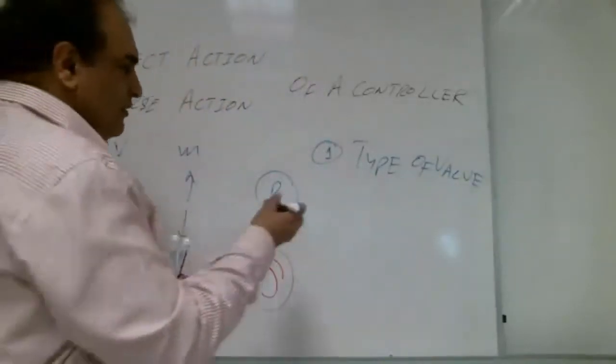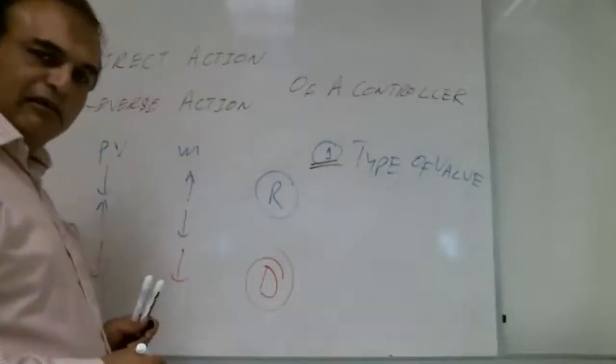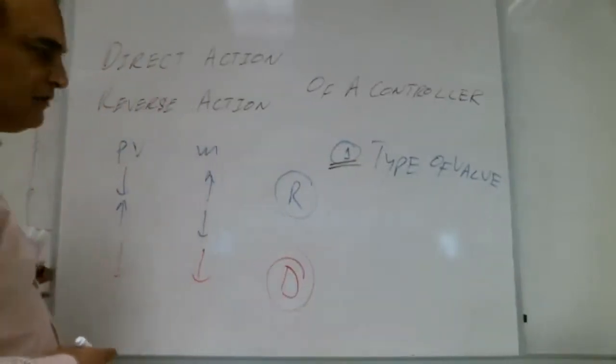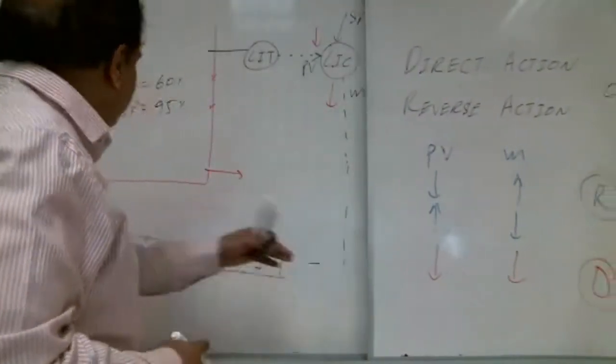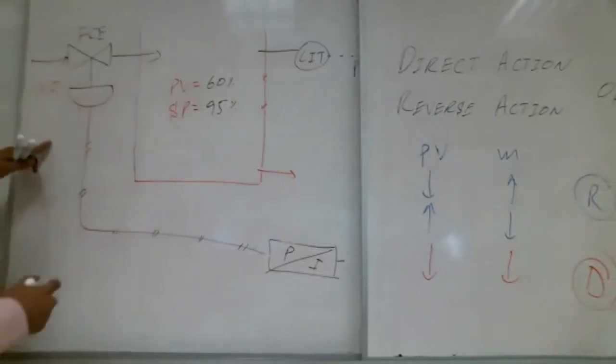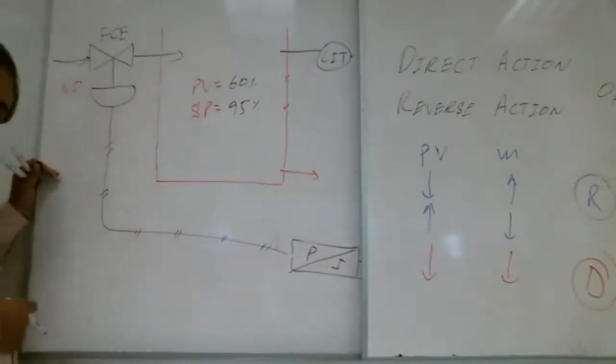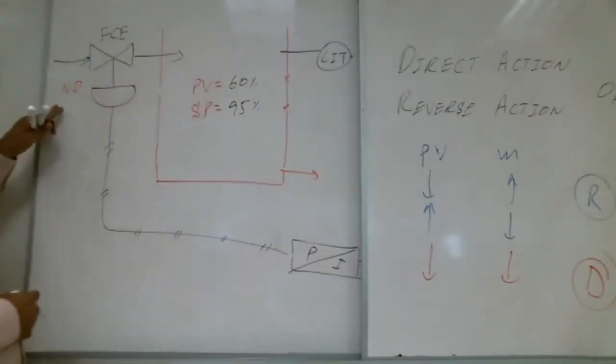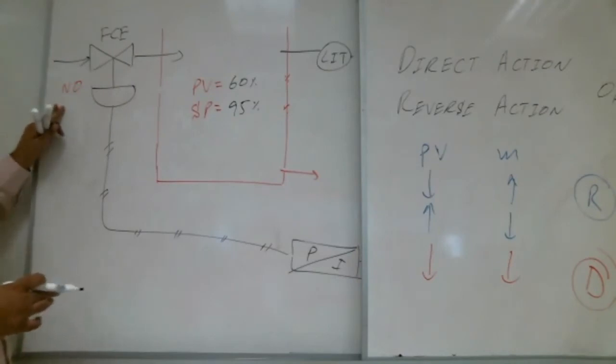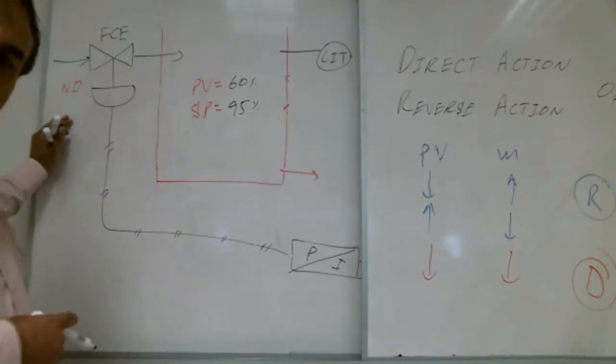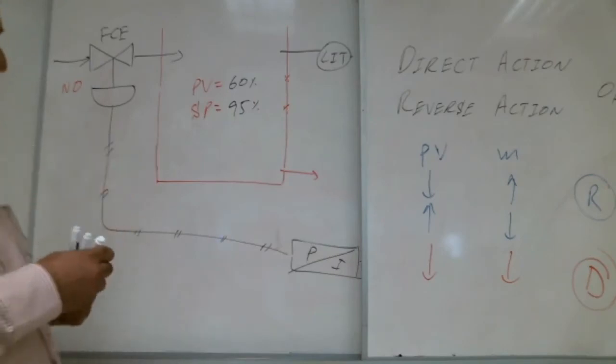The type of the valve. The same valve, when it was normally closed, it was reverse. Now it is normally open, it is direct. Are you with me? So point number one, the type of the valve.